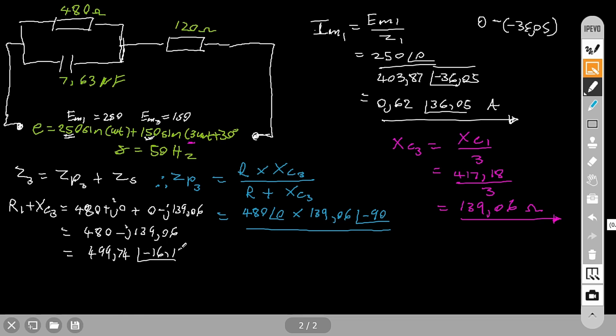If you are using 2 decimal places, use 2 decimal places all throughout. If it's 3, use it all throughout. So this is our R plus the reactance: 499.74 at an angle of negative 16.16.